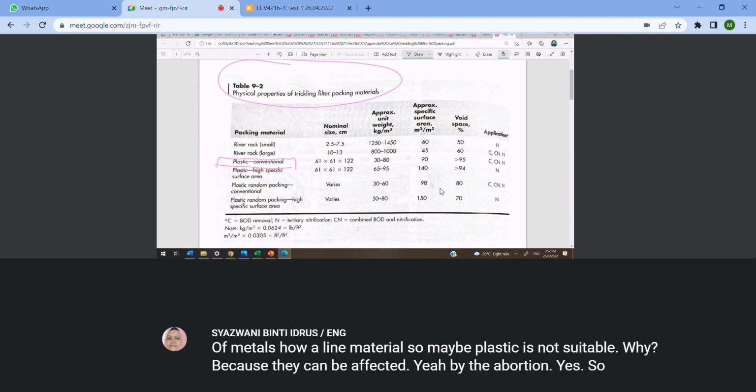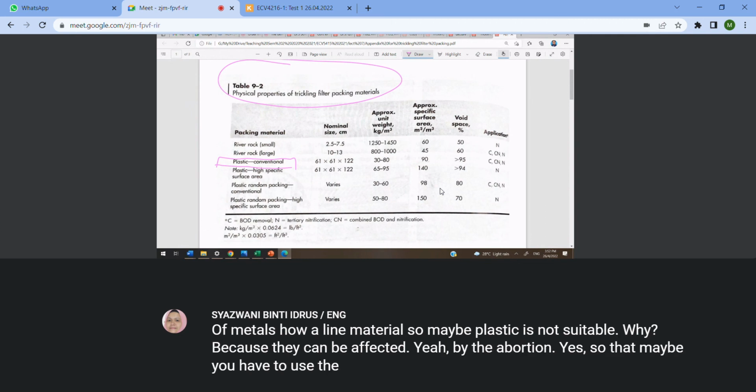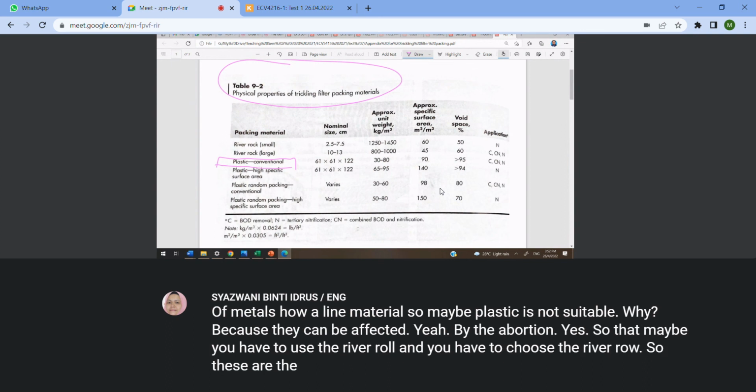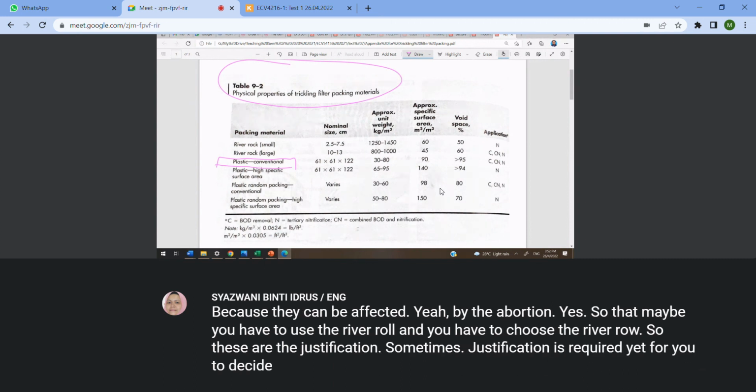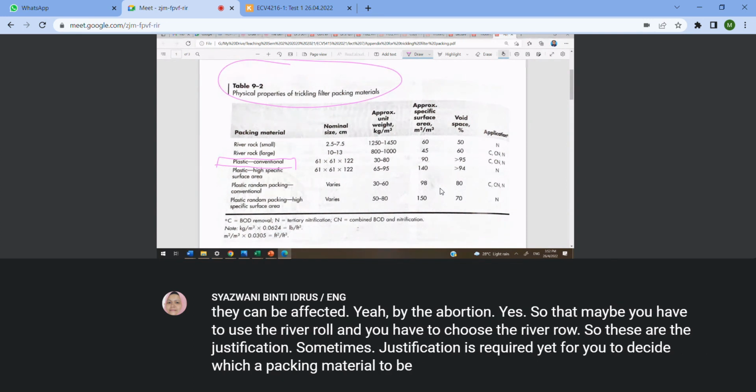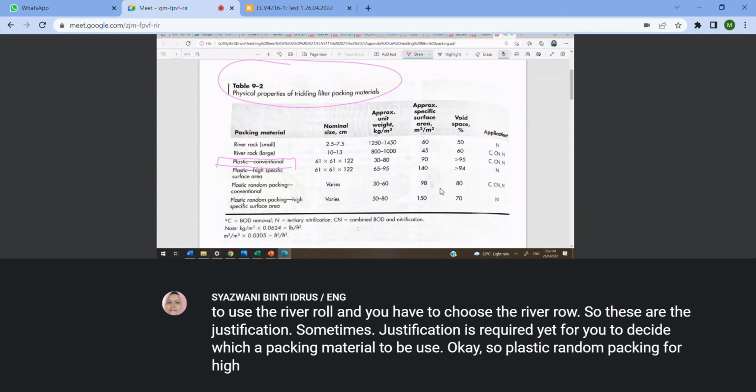So maybe you have to choose the river rock. These are the justifications. Sometimes justification is required for you to decide which packing material to be used. Okay, so plastic random packing for high specific surface area.